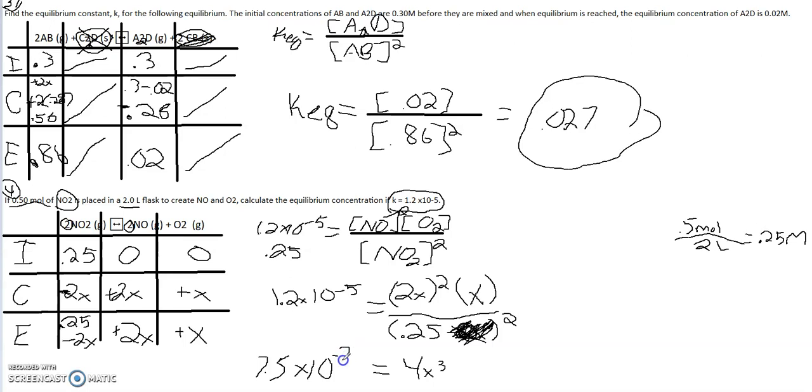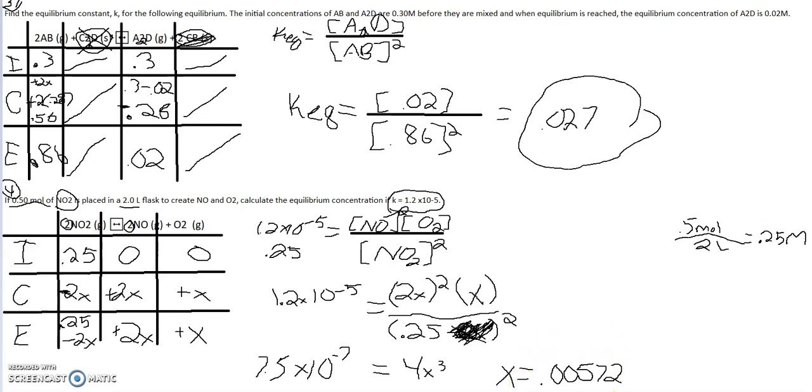I apologize. So this is our simplified expression, and we solve for x. So I'm just going to do that right over here. X turns out to be 5.72 times 10 to the negative third, or 0.00572.